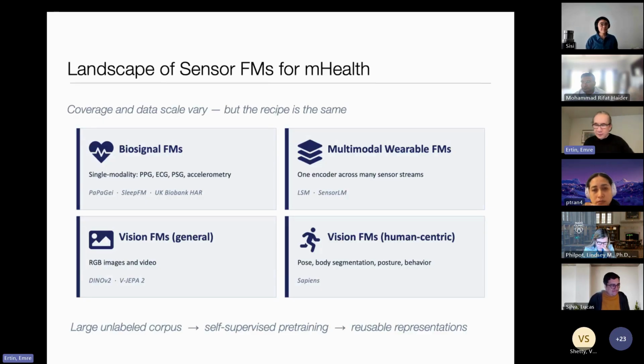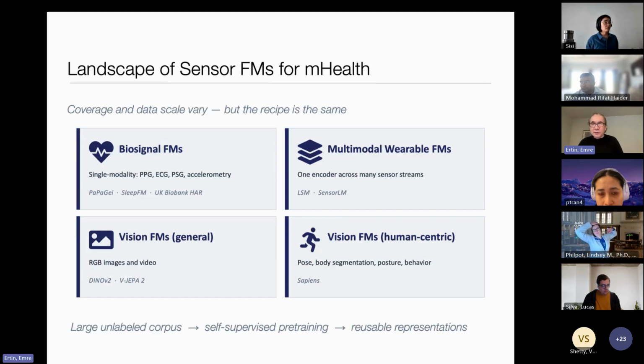So, the landscape of sensor FMs for health. Broadly, let me give you a way to get the taxonomy in your head. There are the biosignal FMs, which are single modality systems.